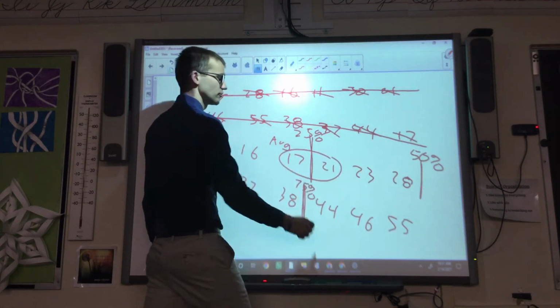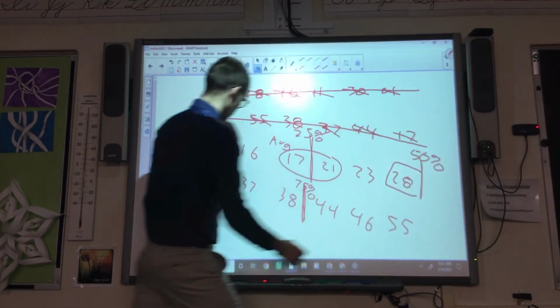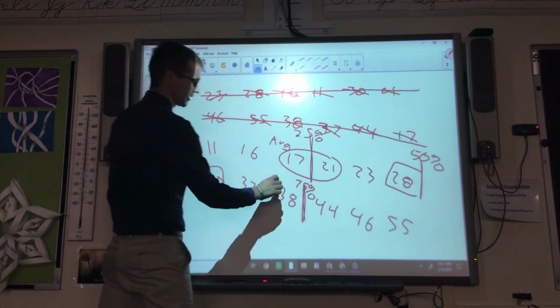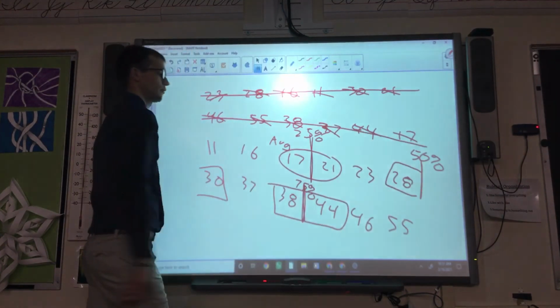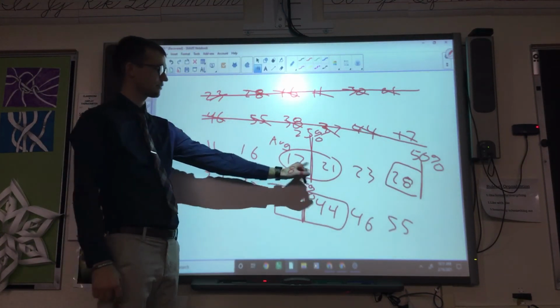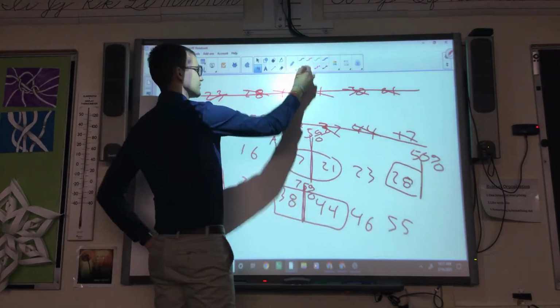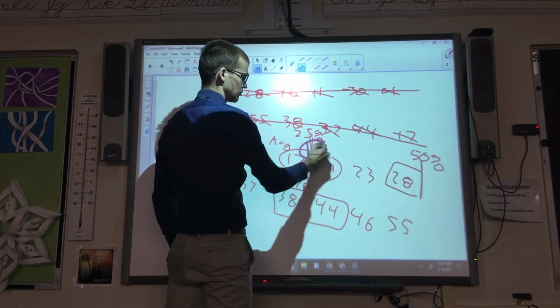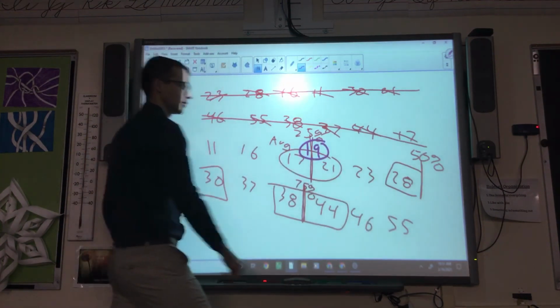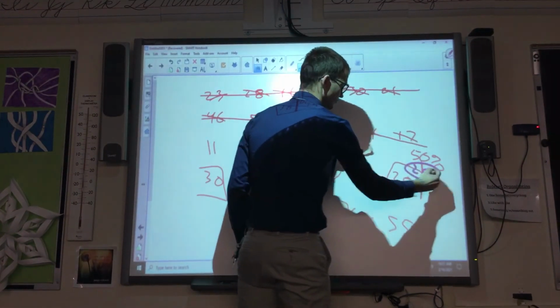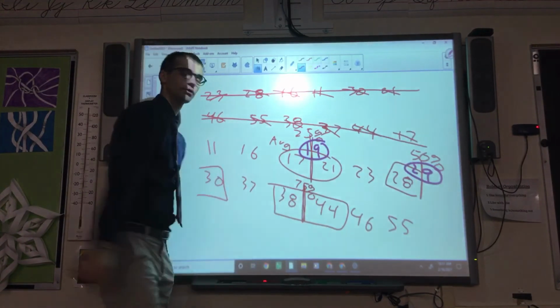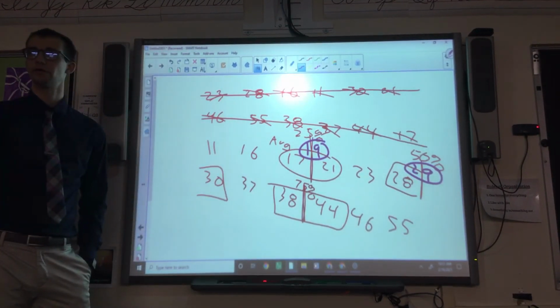So I find the average of these. I'd find the average of 28 and 30. I'd find the average of 38 and 44. 17 and 21, add together, 38, so 19 is halfway in between there. 28 and 30, well that's pretty easy, 29 is halfway in between there. 38 and 44, what's halfway?